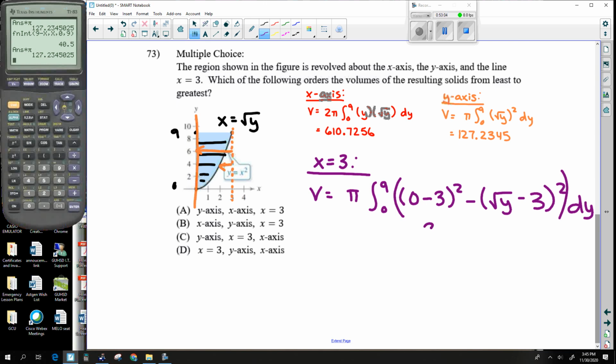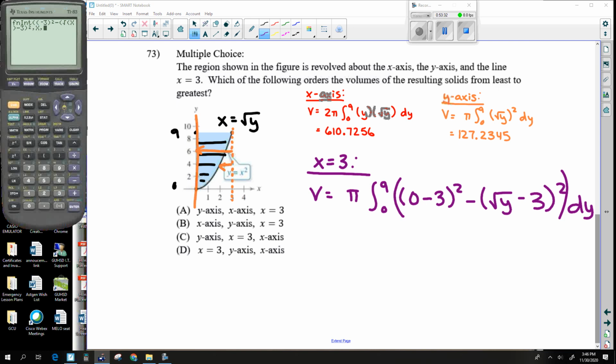All right, so again, this would be, I'll just type it in. So this is going to be -3 squared minus square root of y, I call it x, minus 3 squared. Yeah, we're good.